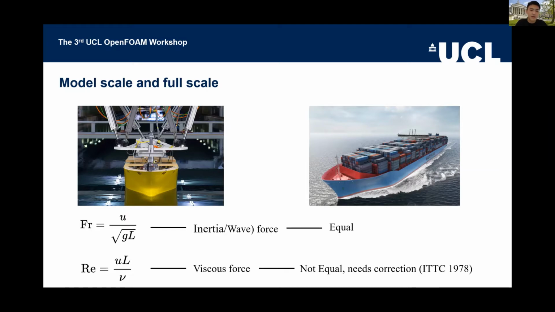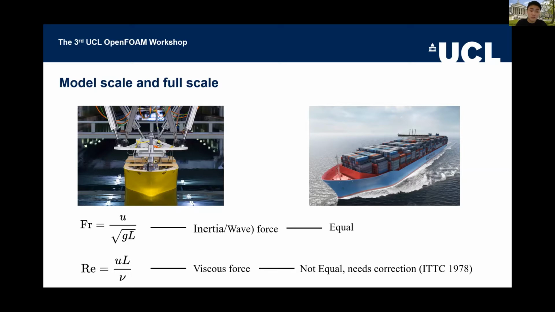Normally when we do experiments, we scale down to the model scale according to the Froude number. L is the ship length, and if the ship length is scaled according to the Froude number, in the Reynolds number the order of the ship length is clearly different. So it will make the Reynolds number very different in model scale.